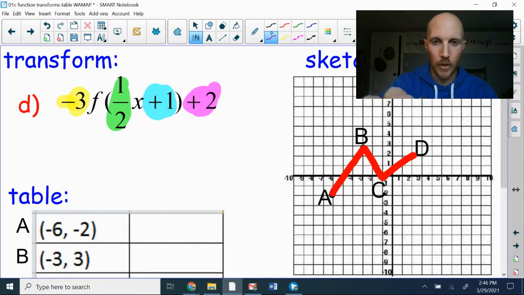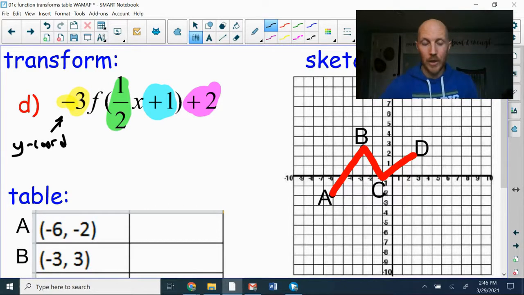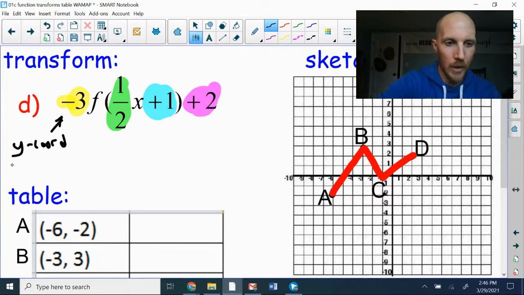Mostly, I want to identify what these four transformations are. So I've got the -3. It's going to affect the y coordinate. I know because I can either match it on my note sheet or even before I go to the note sheet, it's outside the function notation, so it's going to affect the y coordinate. I will be multiplying by -3.